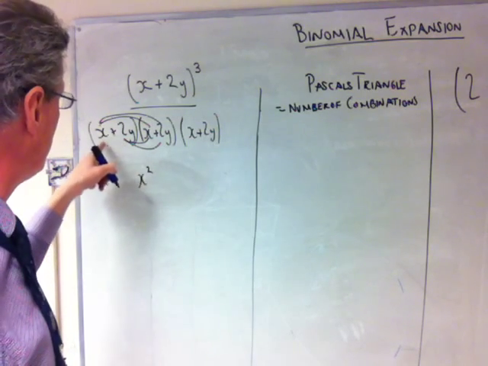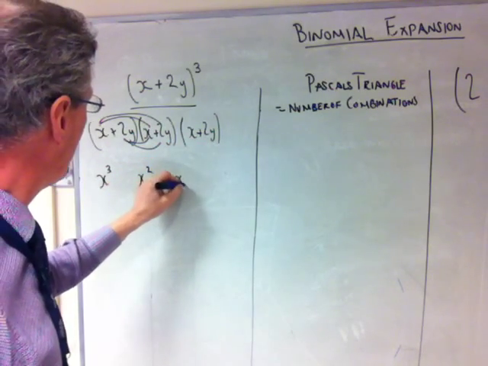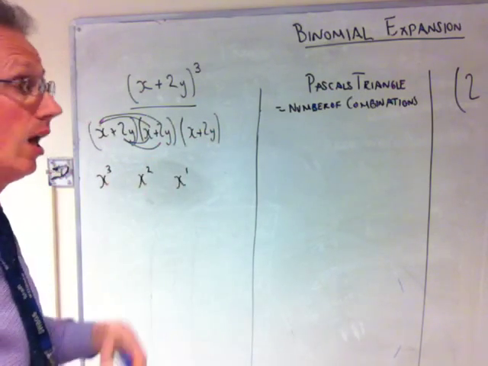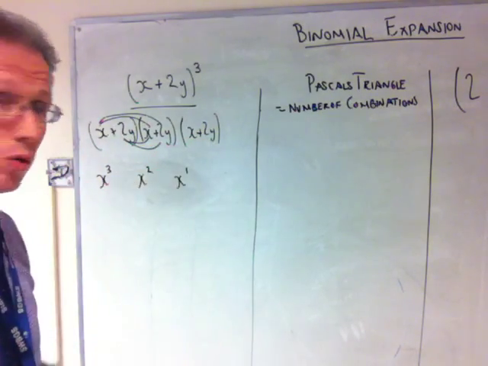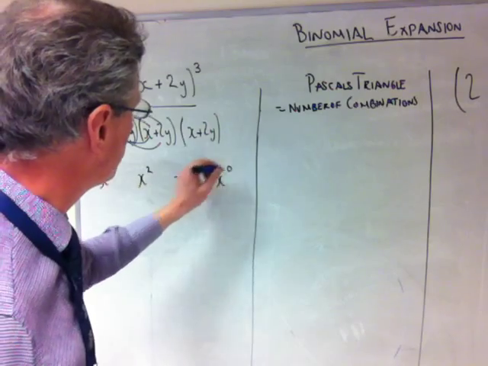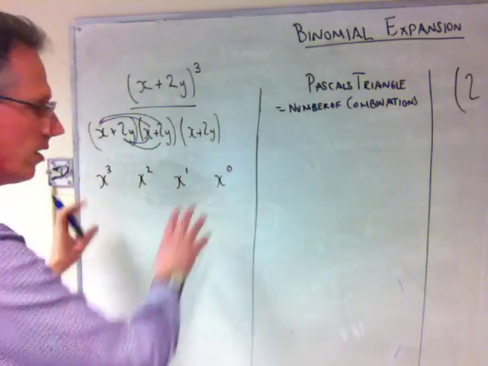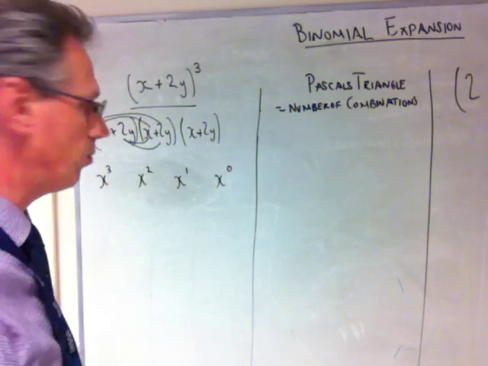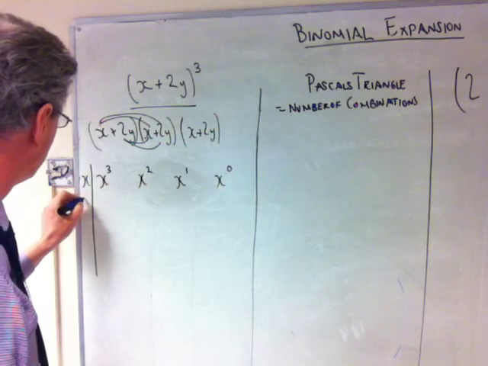There would also be an x times 2y times 2y, so we know there'd be a single x term. Lastly, 2y times 2y times 2y, there's no x's at all. So we could think about that in terms of powers. What we're actually doing is breaking this down and thinking about this in a tabular sort of way. So that deals with our x term.